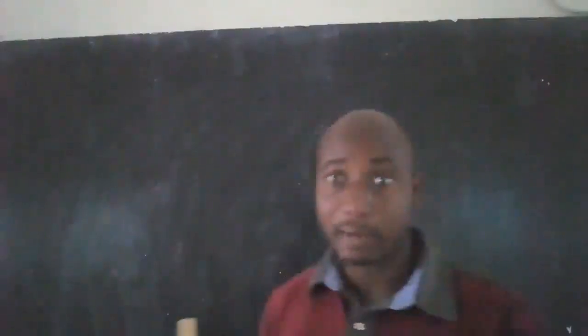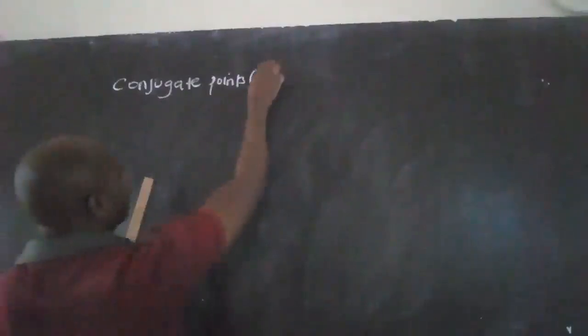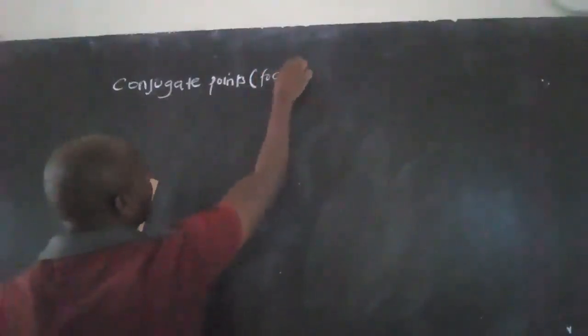In this lesson, we are basically going to look at what are called conjugate points, sometimes called conjugate foci.